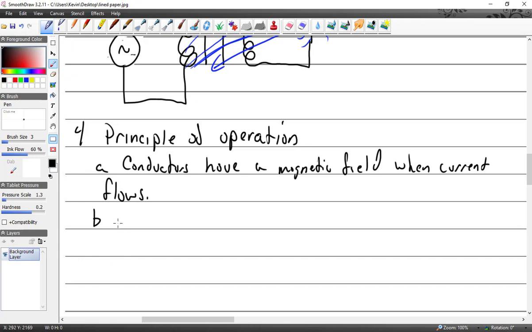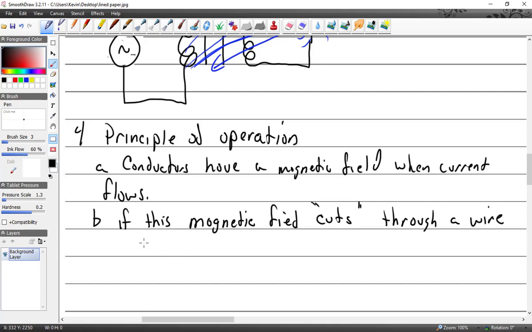If this magnetic field cuts, say cuts in quotes, through a wire, and that would be not the same wire, but a different wire, if it cuts through a wire while expanding or contracting, induction happens.